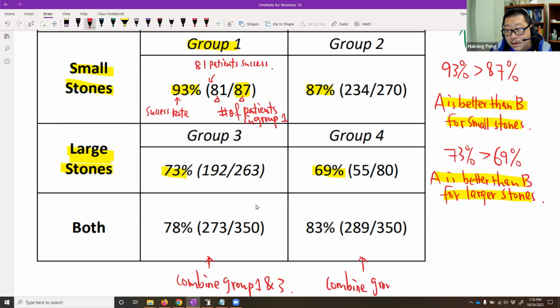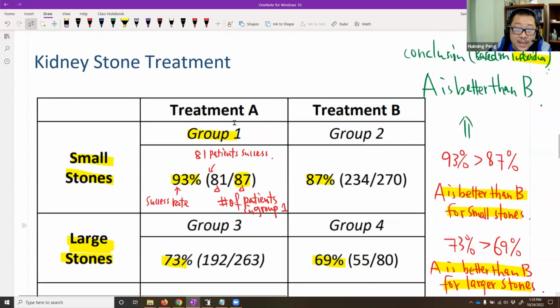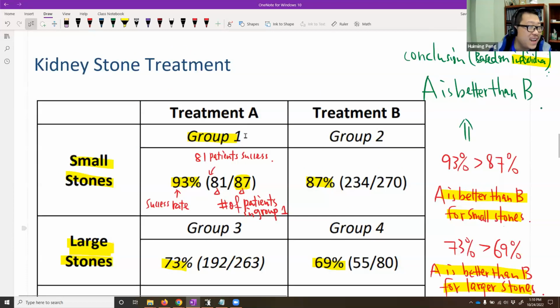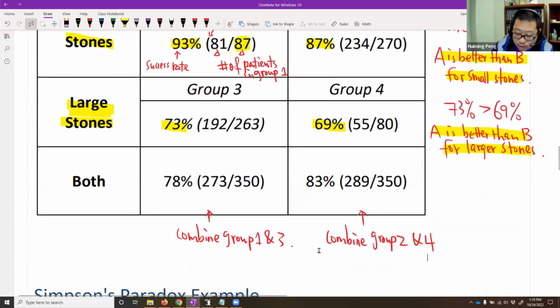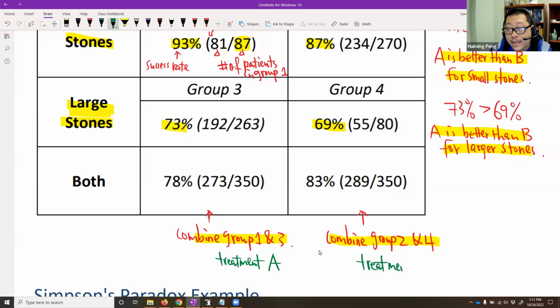Then combine group 2 and group 4. Groups 1 and 3 are the patients who used treatment A, so combined they are just treatment A patients, no matter large stone or small stone. Both groups 2 and 4 used treatment B. I will not look at the detail.